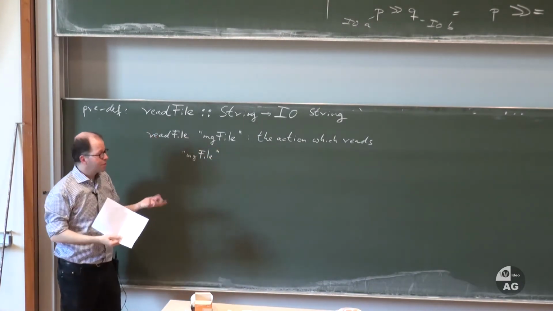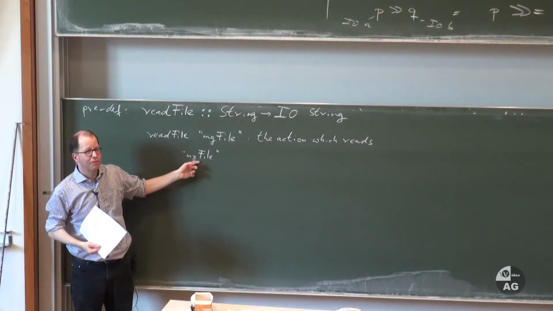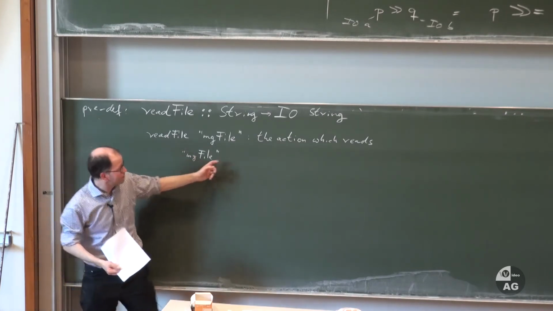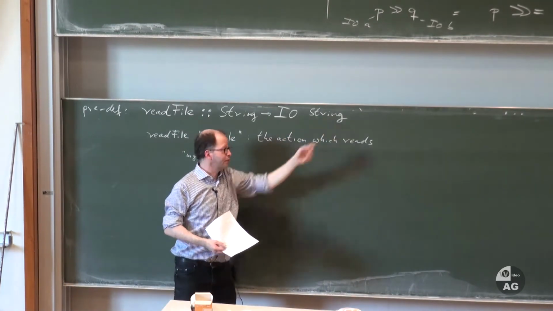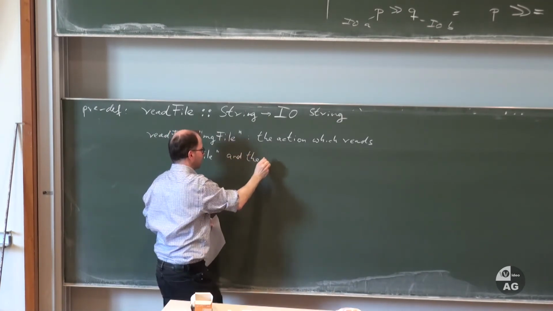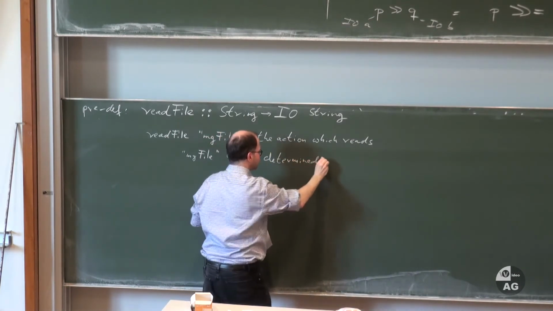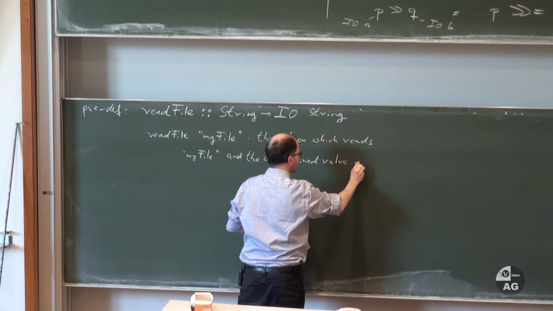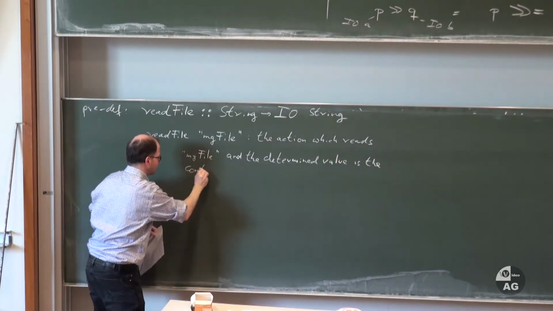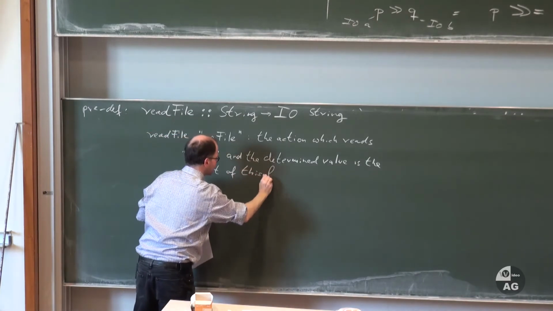And the value that is determined in this IO action is the content of this file. So in this file, there is some long string, and this string is encapsulated in this IO action. The encapsulated value is the content of this file.